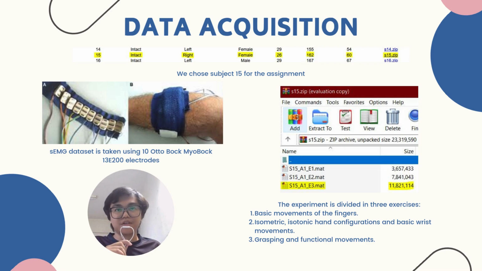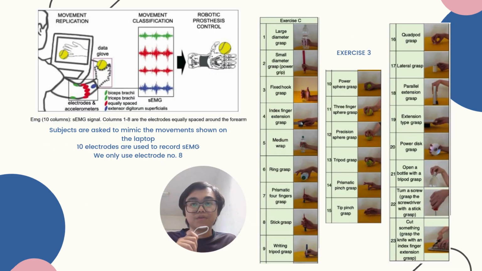In this case, for the assignment, we chose subject number 15 to perform exercise number 3, which is grasping and functional movements. The procedure for this experiment is that subjects are asked to mimic the movement shown on the laptop.